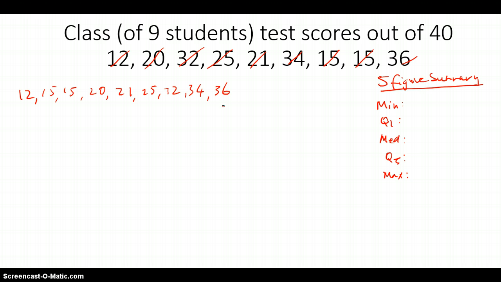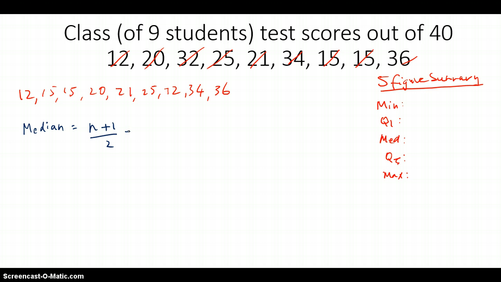So after you've arranged it into ascending order, you can then find the median by finding the middle number, or by using the formula that the median is equal to the number of numbers plus 1, divided by 2. So in this case, how many numbers do we have?